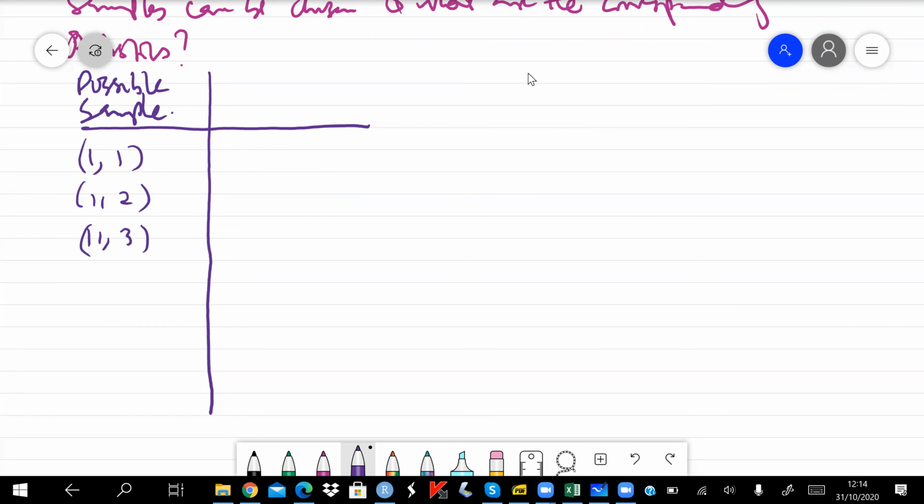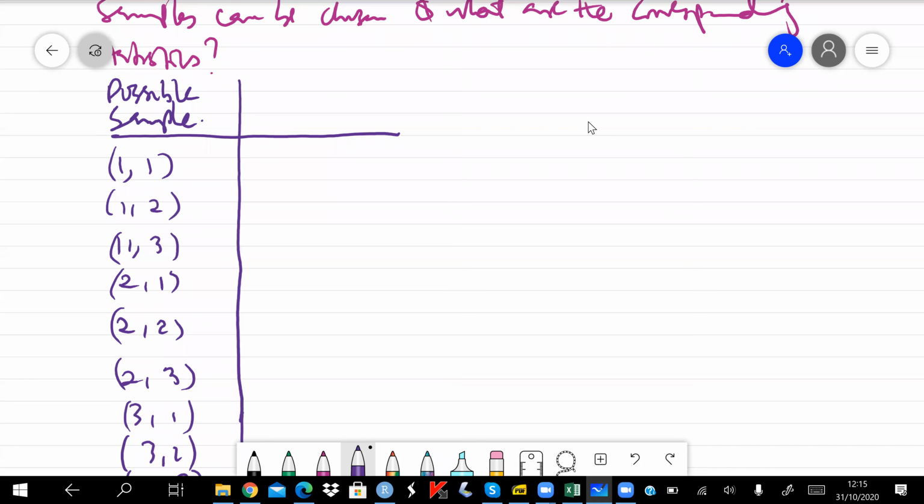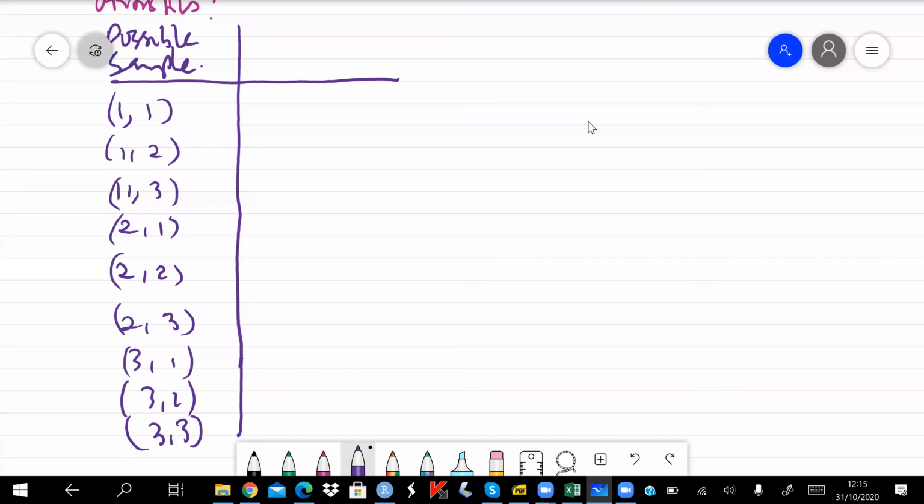You can choose 2 and 1, 2 and 2, 2 and 3. You can choose 3 and 1, 3 and 2, 3 and 3. So you notice that if we sample with replacement, there are 9 possible samples.